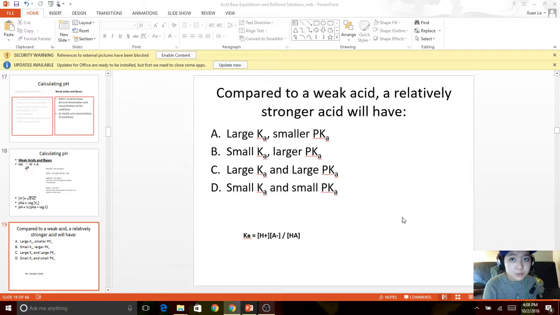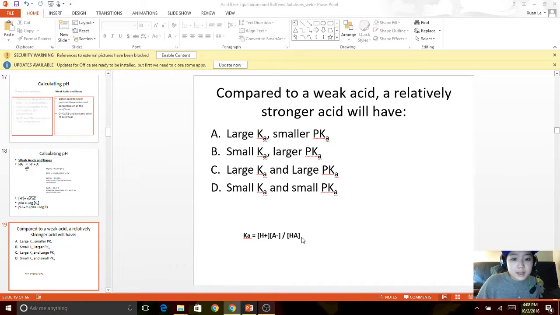So compared to a weak acid, a relatively strong acid is going to have a large Ka value and a small pKa. Remember that Ka is equal to the concentration of the ions that are dissociated over the concentration of that original weak acid.